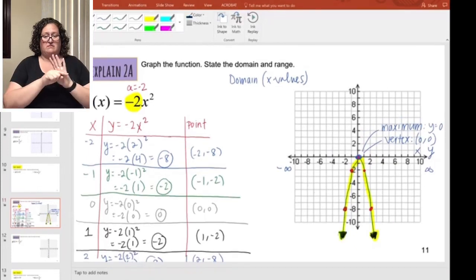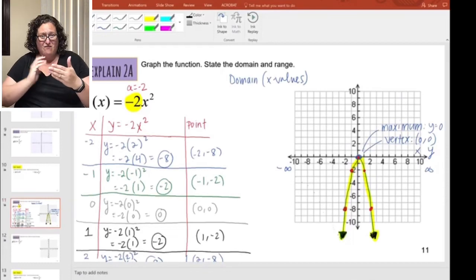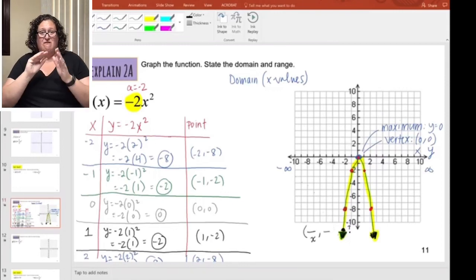To find the domain, I like to look at my endpoints. Notice how at the end of our graph, it shows that our graph goes all the way to infinity. If we were to pick a point along infinity, it could be anywhere on the parabola, we know that this point is going to have a negative x value and a negative y value. That's because we're in the third quadrant.